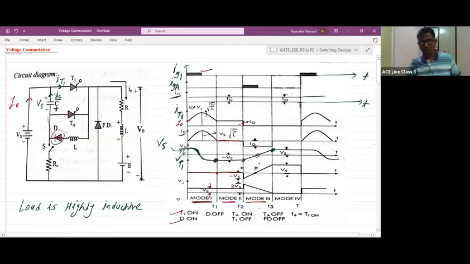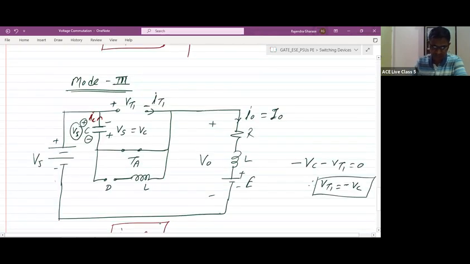Now next, what about V0? Here it is V0 we are having. When the capacitor discharges, the voltage across the load is Vs plus the voltage across the capacitor, which is nothing but V0.